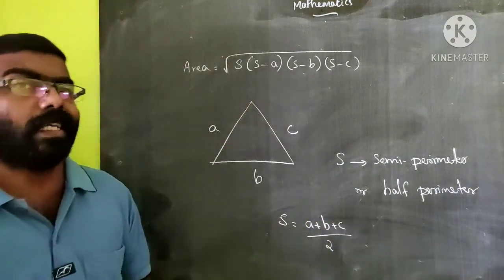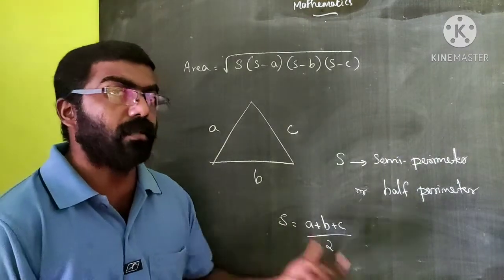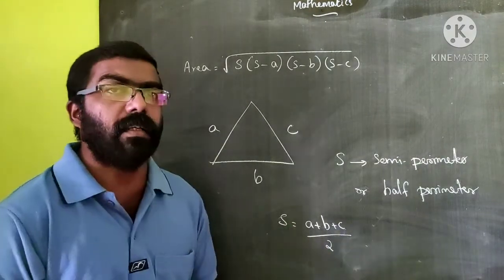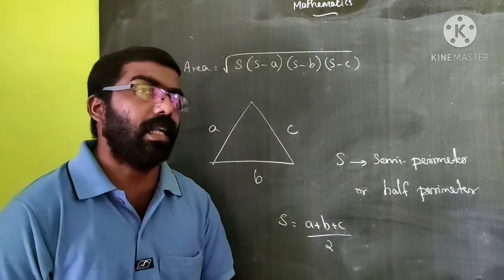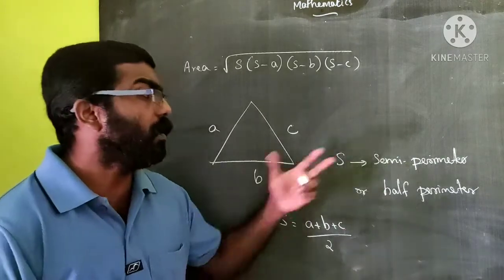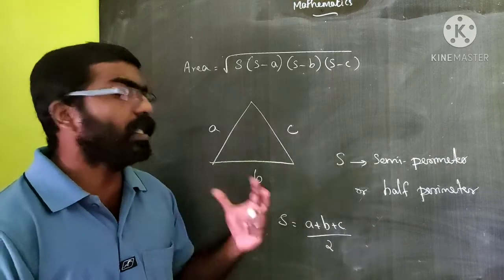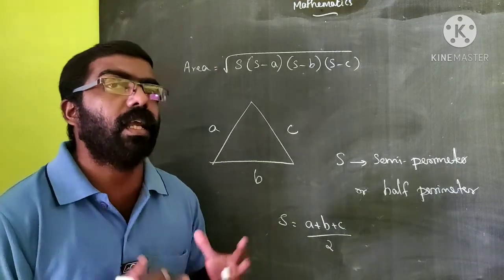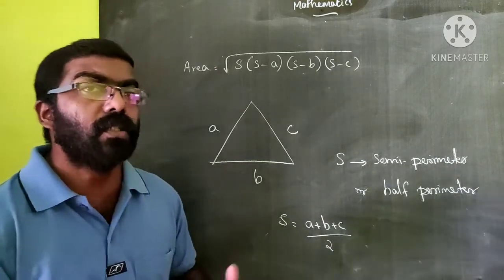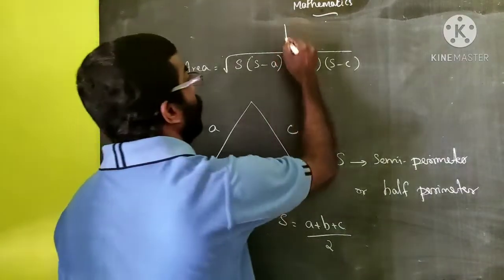a, b, c are the lengths of the sides of the triangle. So half of that, a plus b plus c divided by 2, is the half perimeter, otherwise called semi-perimeter. If we know the sides of the triangle, then we can easily find the area using Heron's formula.